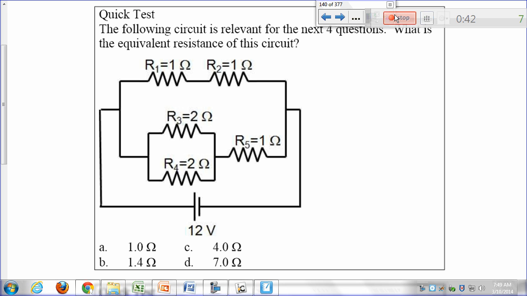If you finish this one, you can go on to the next. I think there are 3 questions, actually.